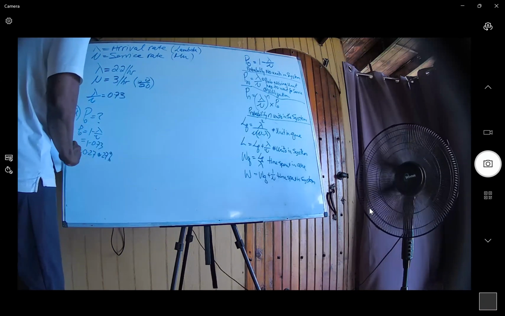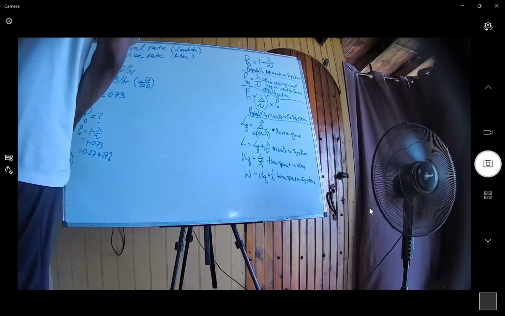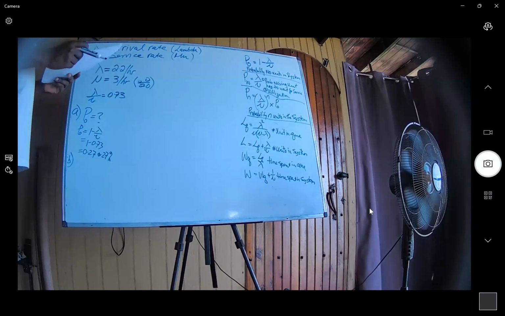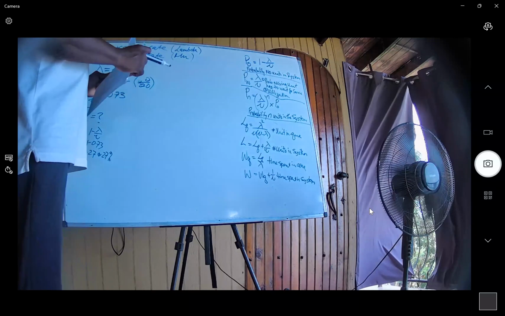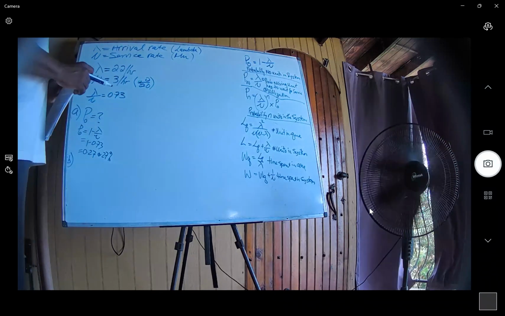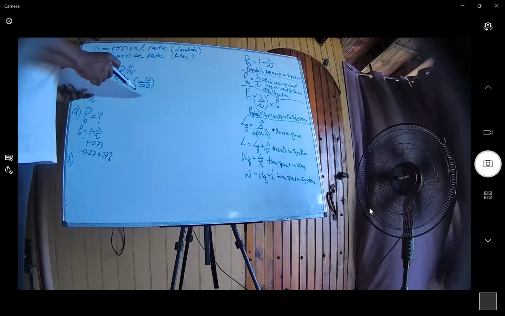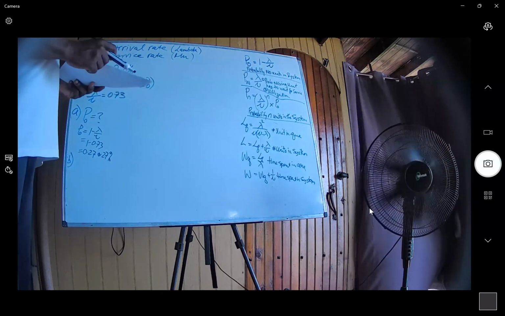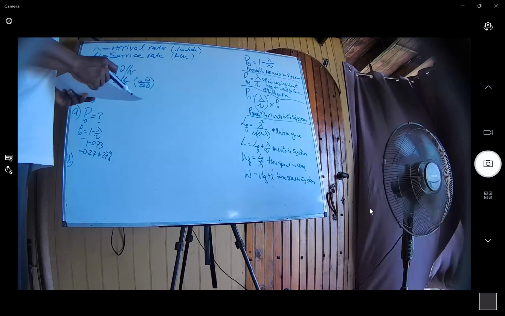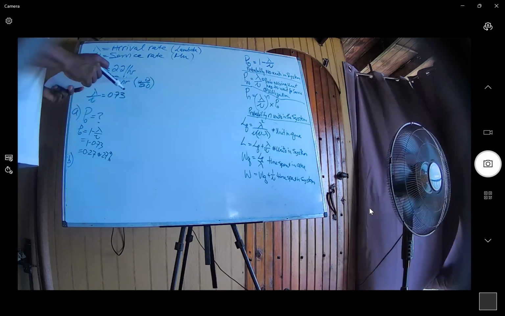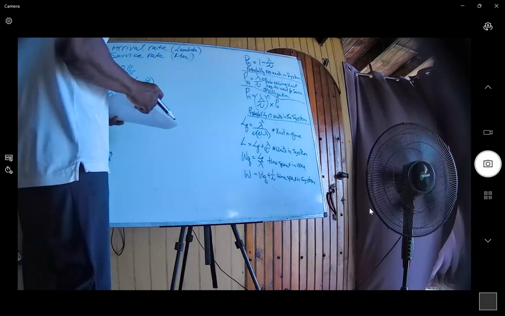Now B asks, what is the probability that one customer is receiving a haircut and no customer is waiting? So what we're trying to find? I'm trying to find P of N, where N has to be 1.